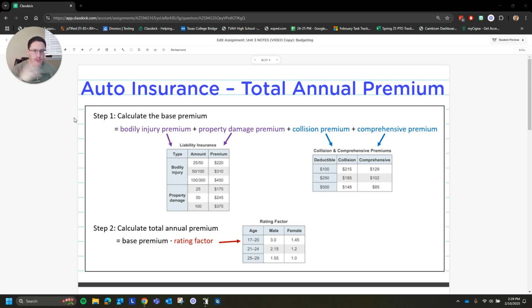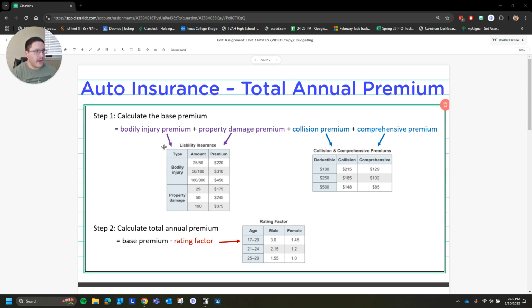Okay, driving into a wall, driving into another car, driving into a post, a tree, whatever. That is collision. Whereas comprehensive is things that are non-collision. So things that involve weather, or some other things that aren't human-made get put into comprehensive.